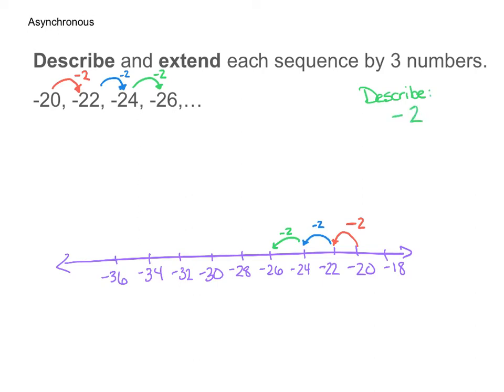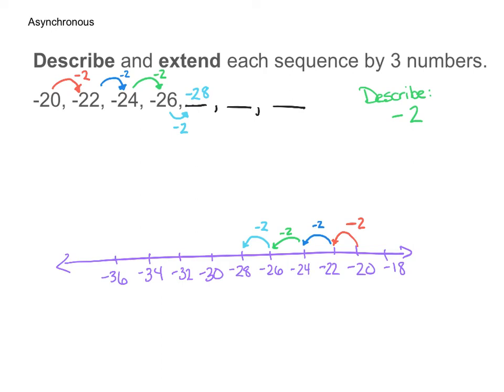Now I need to extend my pattern by 3. So let's go ahead and extend. So then if I subtract 2 from negative 26, I'm going to get negative 28.